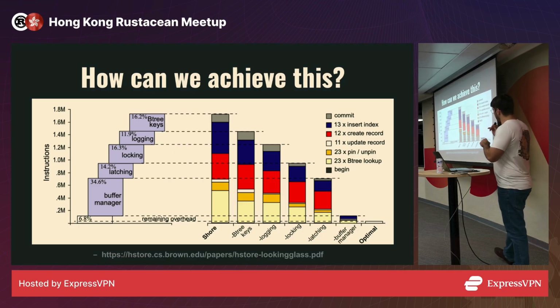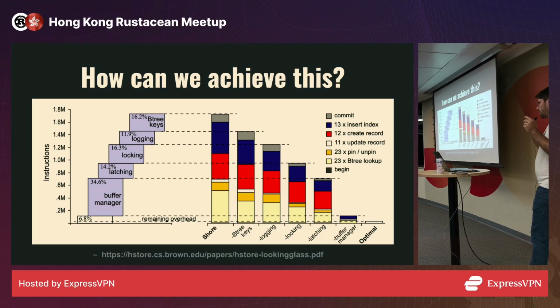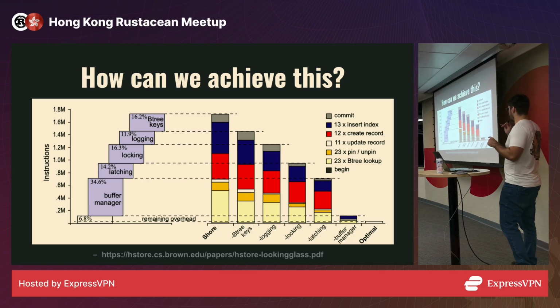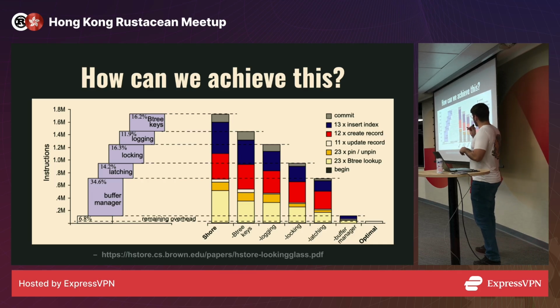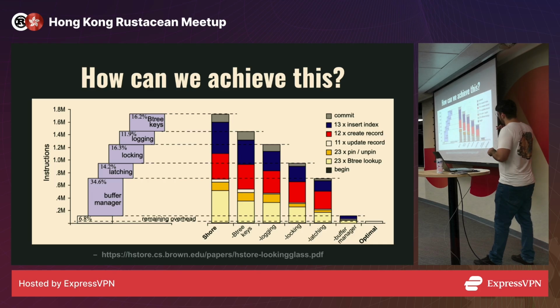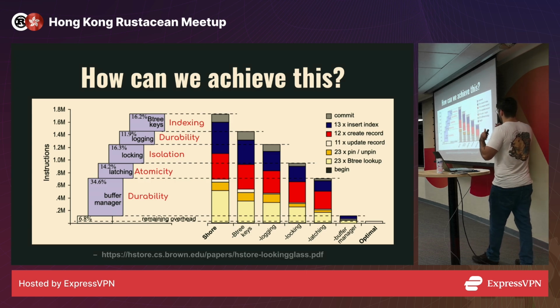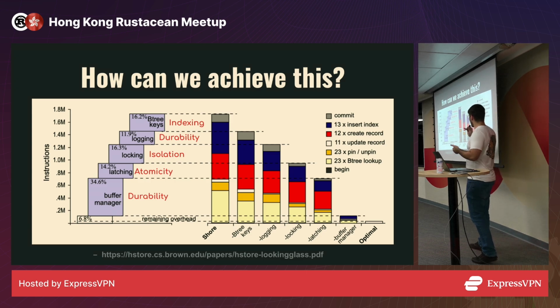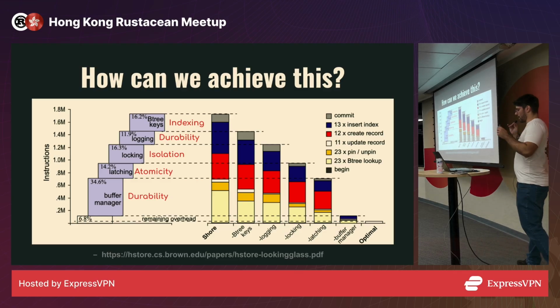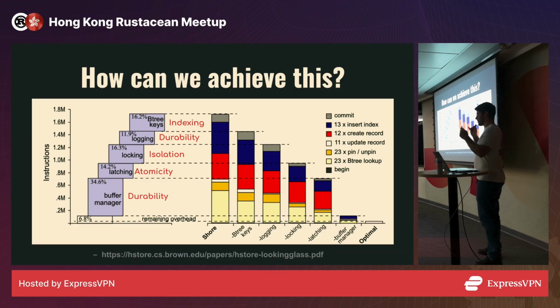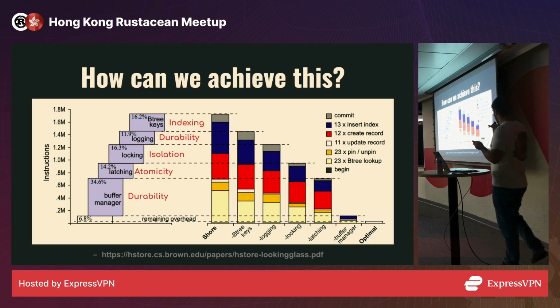This is an in-memory database that was designed to be really, really fast, to have a really high throughput. And they were studying, okay, why are we so slow? And they came up with this calculation here. So a lot of the time being spent on writing transactions was just guaranteeing the isolation part, the durability part, the atomicity part, all the ACID parts were taking a lot of time in order to get the transaction committed.